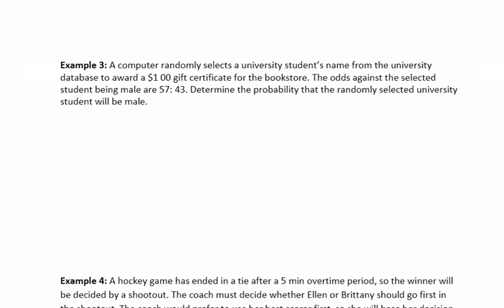A computer randomly selects a university student's name from the university database to award a $100 gift certificate for the bookstore. The odds against the selected student being male are 57 to 43. Let's interpret that. The odds against being male.